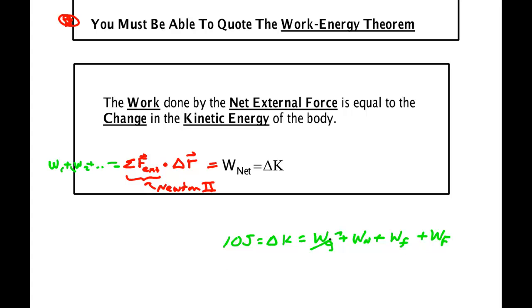And you find out that gravity did no work and the normal force did no work. Then, if you were asked to find the work that you did, the work you did would be equal to 10 joules minus the work by friction. So even if you didn't know the force you applied on the block, but you knew the friction force and could compute its work, then you could calculate the work you did without knowing your force. There are several of those kinds of tricky problems in the homework.